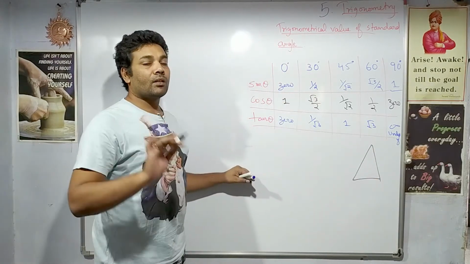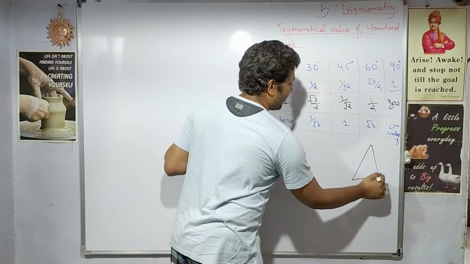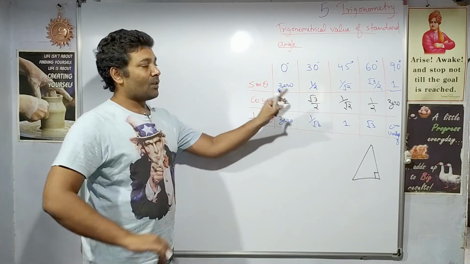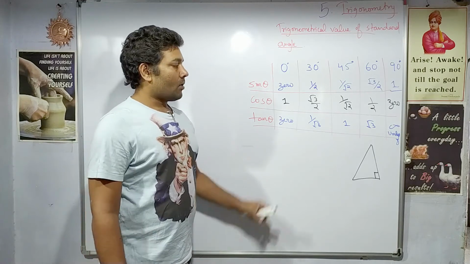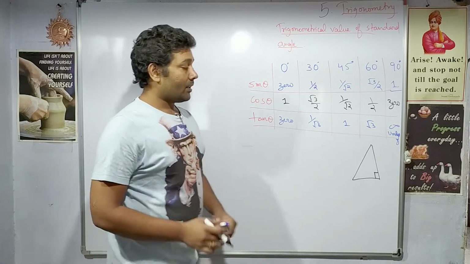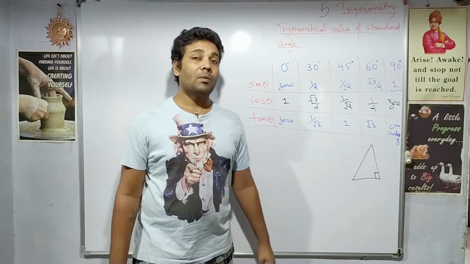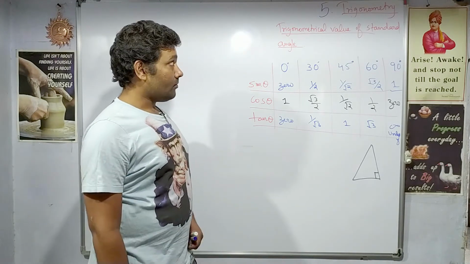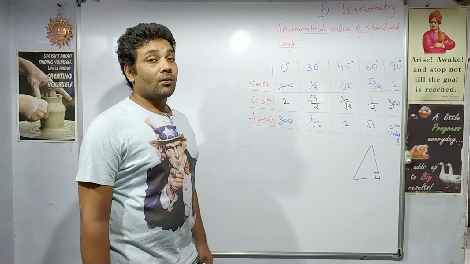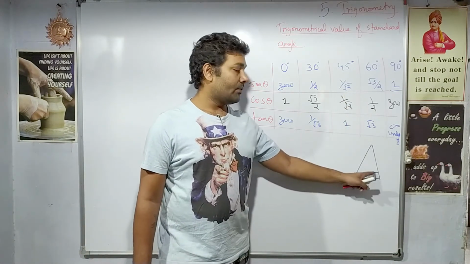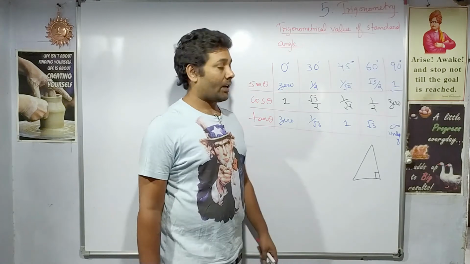When you study trigonometry, a 90 degree triangle is compulsory, especially for these angles. We also have a higher class trigonometry in which 90 degree is not compulsory, but at the levels of 9th and 10th standard, trigonometry is studied only with reference to a right angle triangle.